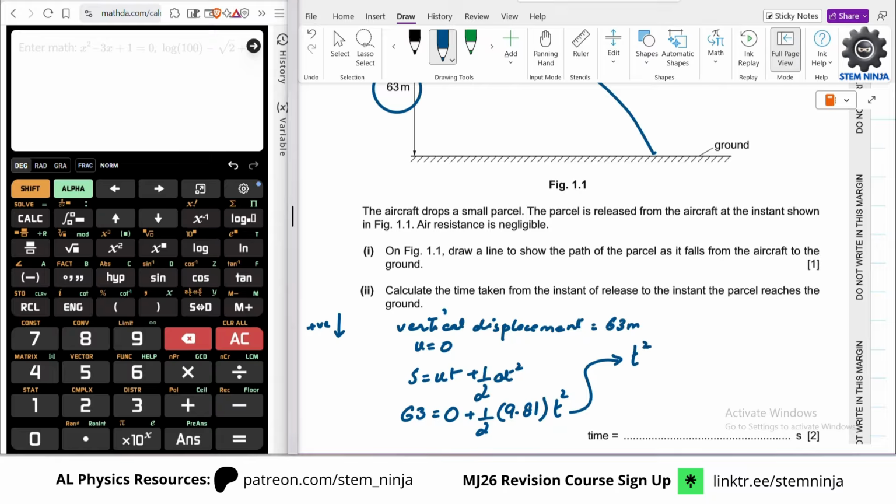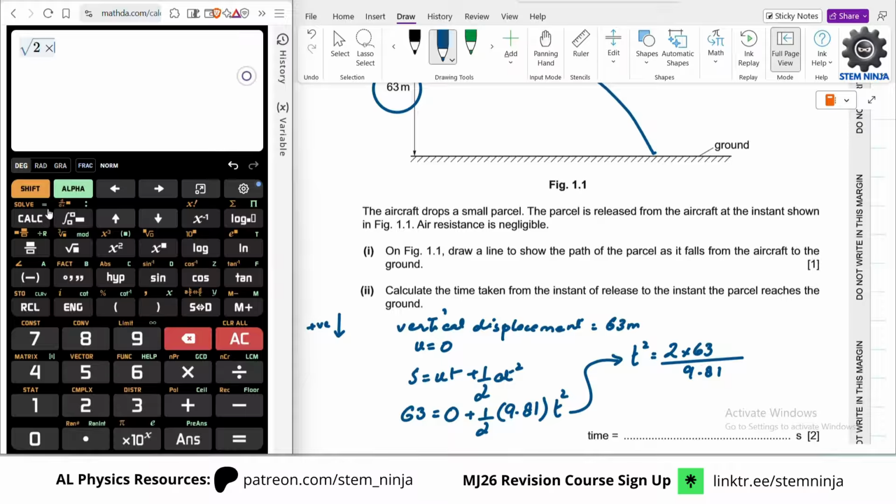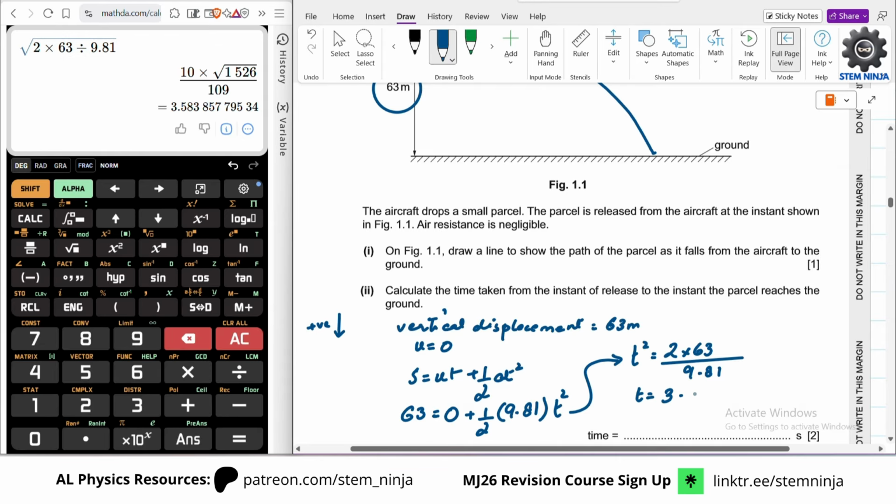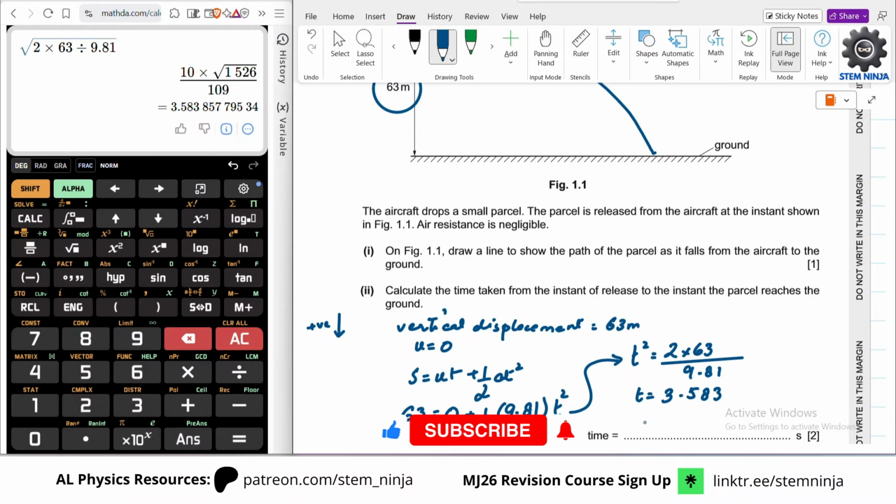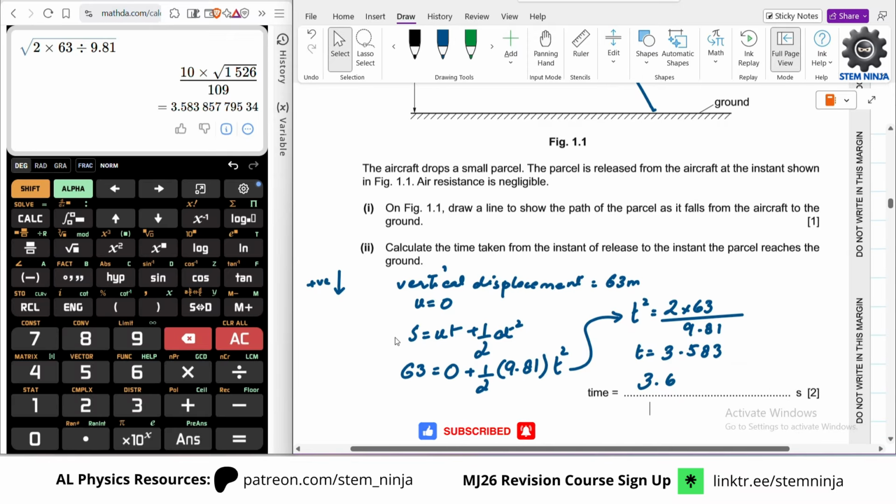So t squared would be 2 times 63 divided by 9.81. So basically square root of 2 times 63 divided by 9.81. So you will get 3.583. So basically 3.6.